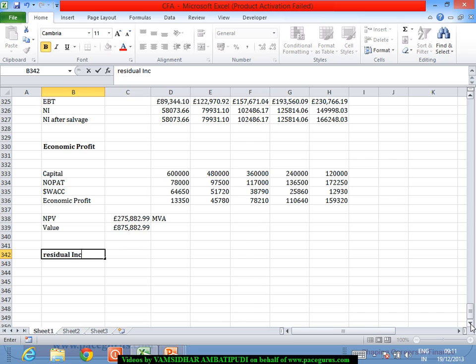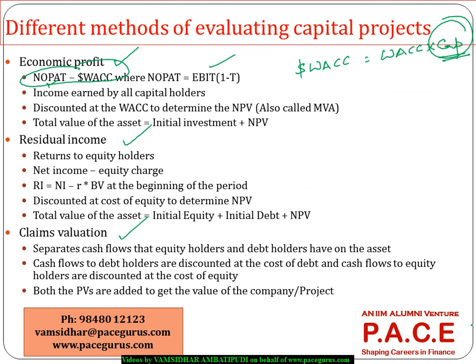Here the only difference is I will not look at the total capital. I will only look at the equity investors portion of it. So this is purely from the equity investors standpoint. Whenever I use the word residual income, it is nothing but the excess of net income over the expectation of equity investors.